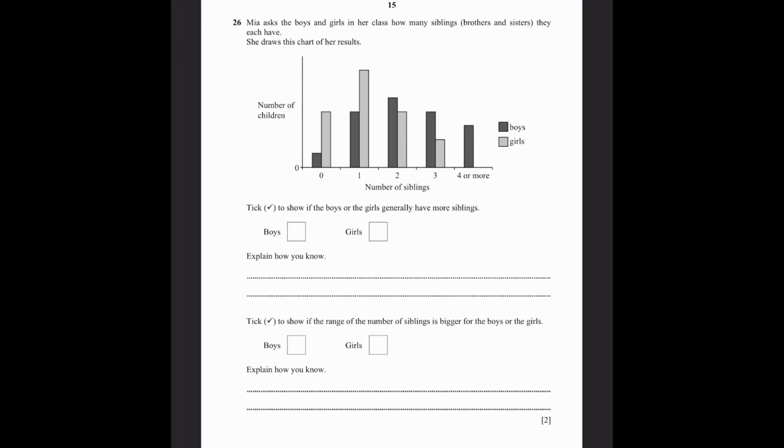Question 26. Mia asked the boys and girls in her class how many siblings they have. She draws this chart with results. Tick to show if the boys or girls generally have more siblings. Boys or girls. Explain how you know.